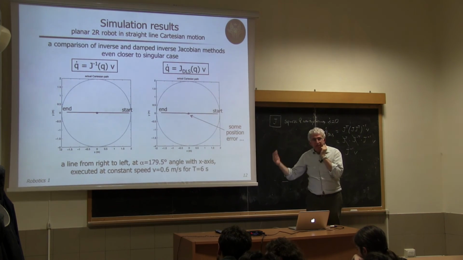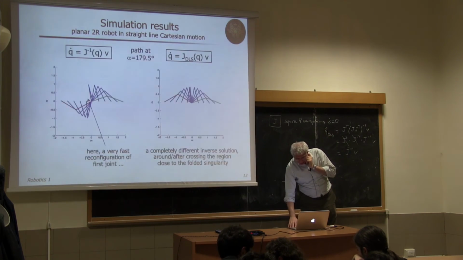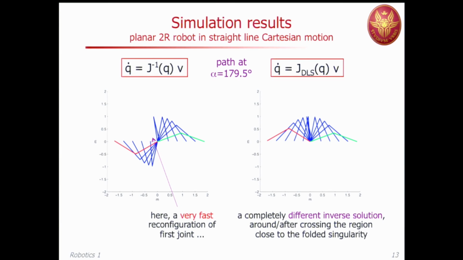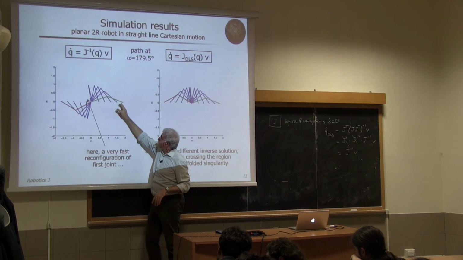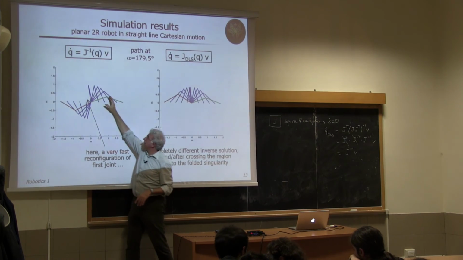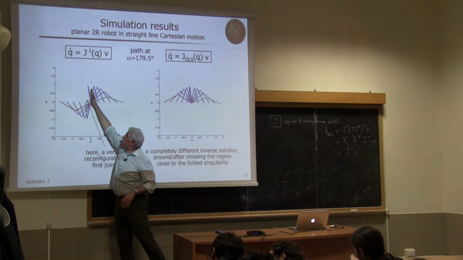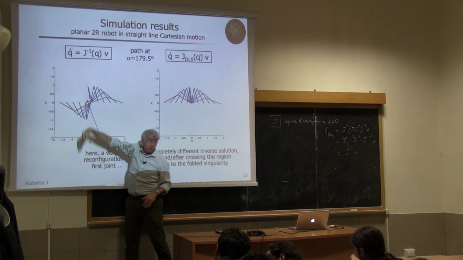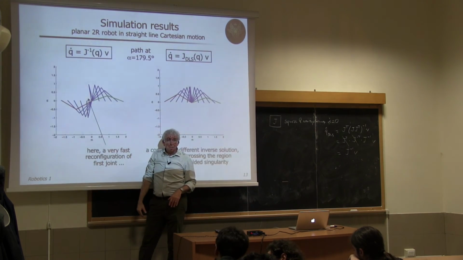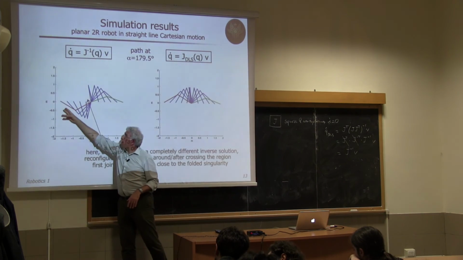So I'm sacrificing this. Let's compare first the stroboscopic view, just the view of how the robot would move. Here is the J to the minus 1, and in fact, I'm starting with this solution, then I'm folding the arm, and all of a sudden, more and more, when I get closer to the singularity, I have this jump of the theta 1 variable, and then I reopen, okay?